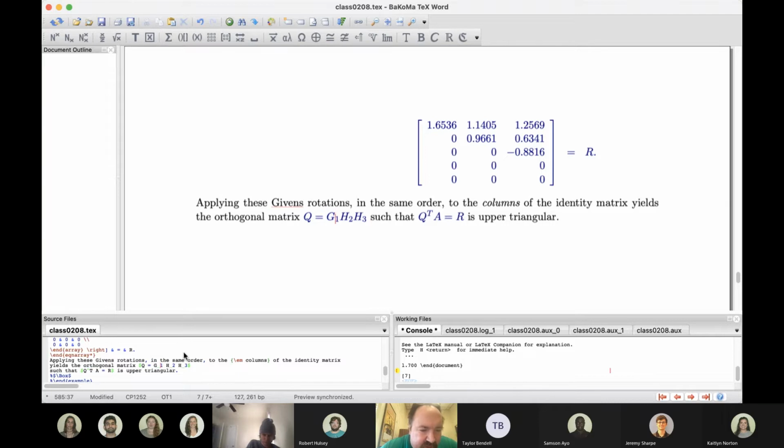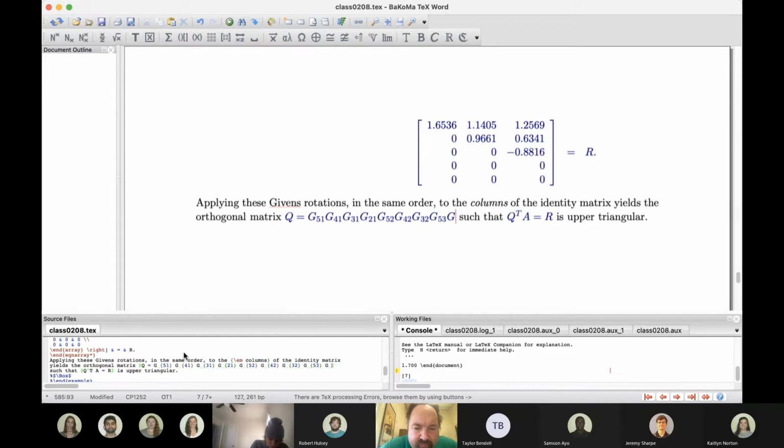If I name the Givens rotations after the entries they were used to zero, so first I did the 5-1 entry, and 4-1, 3-1, 2-1, and then moving to the second column, 5-2, 4-2, 3-2, and then 5-3, 4-3.